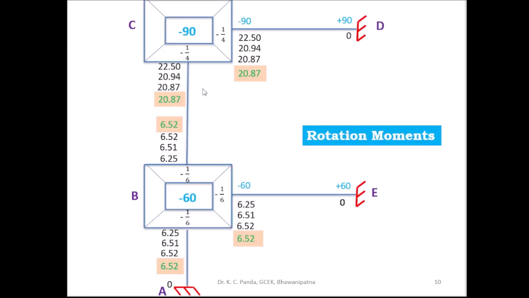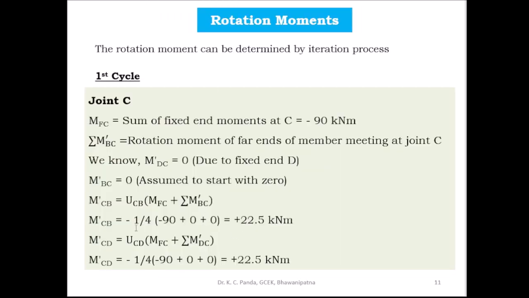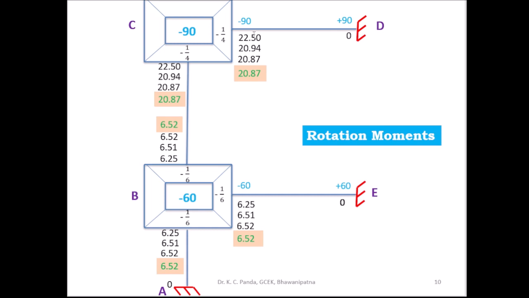At joint C, you got the two near end rotation moments, M-CB 22.5 kilonewton meter and M-CD 22.5 kilonewton meter. Just below the line, write the near end rotation moment 22.50, and here also write 22.50.